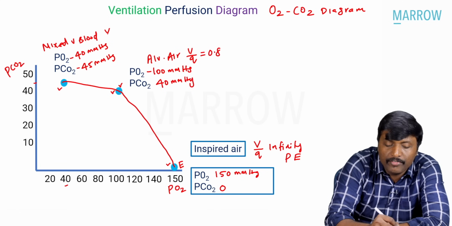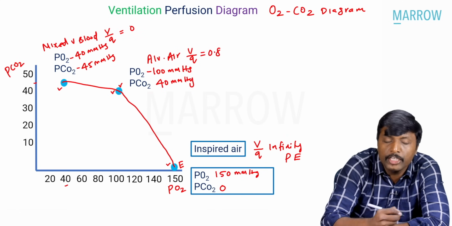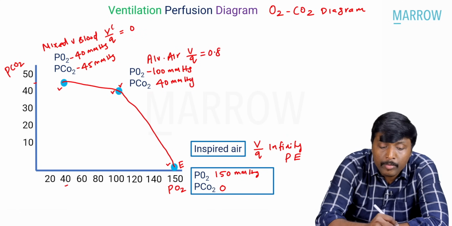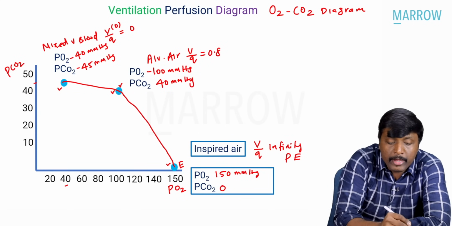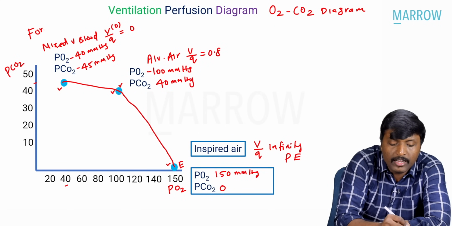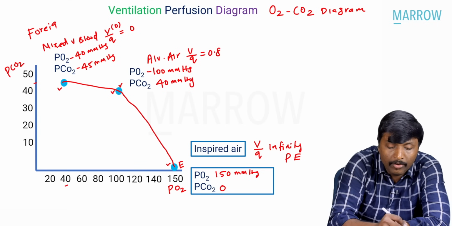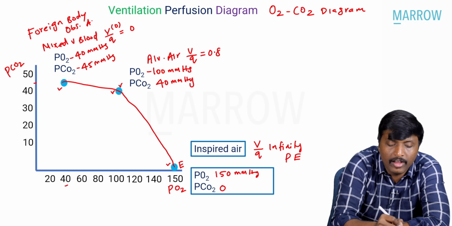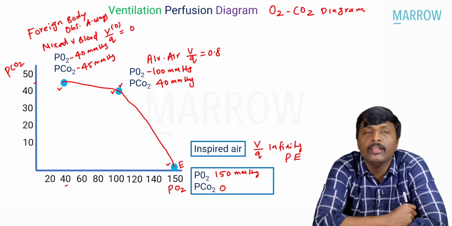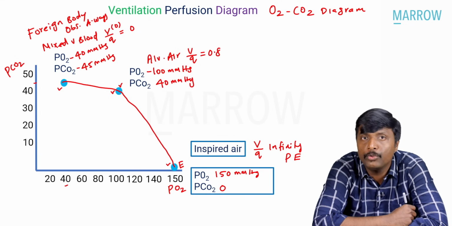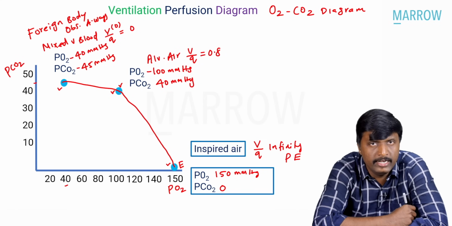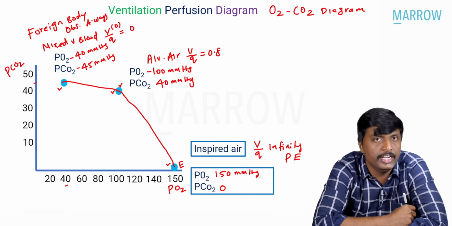That is why the VQ ratio here becomes 0. The numerator is 0. There is no air flow. Why? Because of our very well known foreign body obstruction of airways. Foreign body obstruction of airways, there is no ventilation, VQ ratio is 0. The blood is there, but that blood is mixed venous blood.